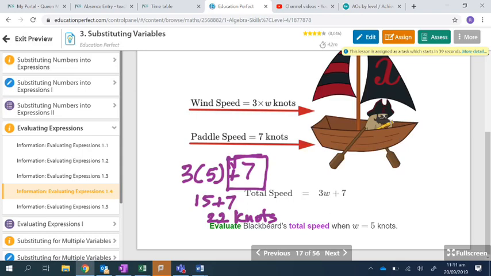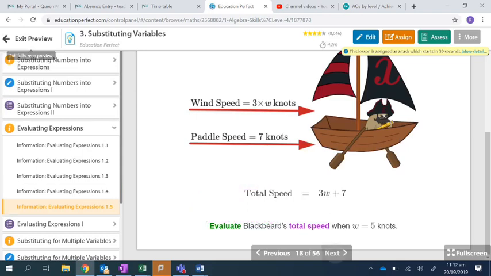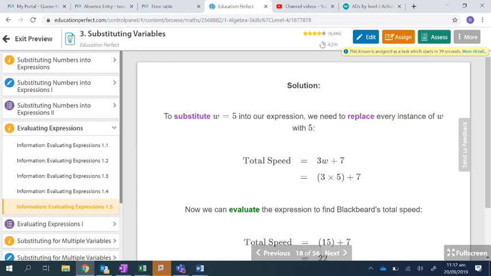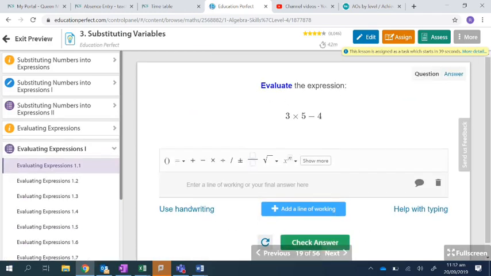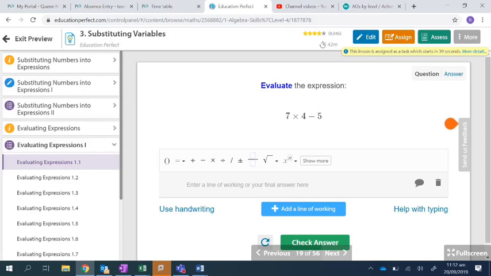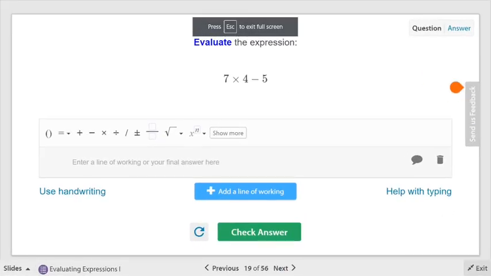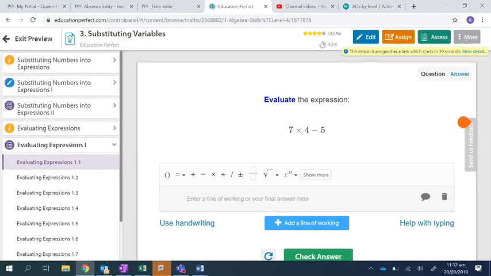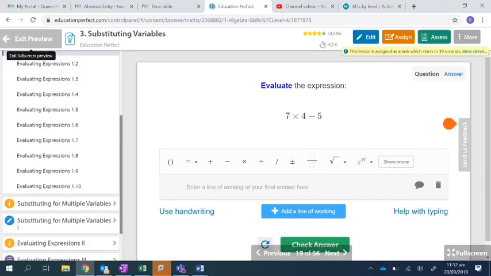So the variable part of it is the wind speed, because we don't know what the wind speed is going to be. It's never going to be a constant, right? So they work out the problem there for you. Then it goes into your homework, so you're going to have some more of those to do.